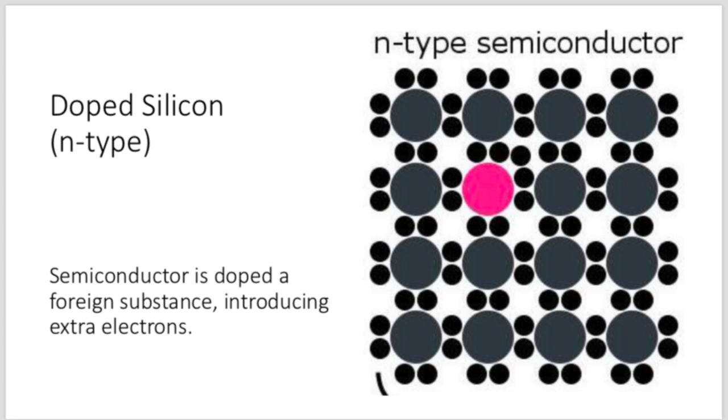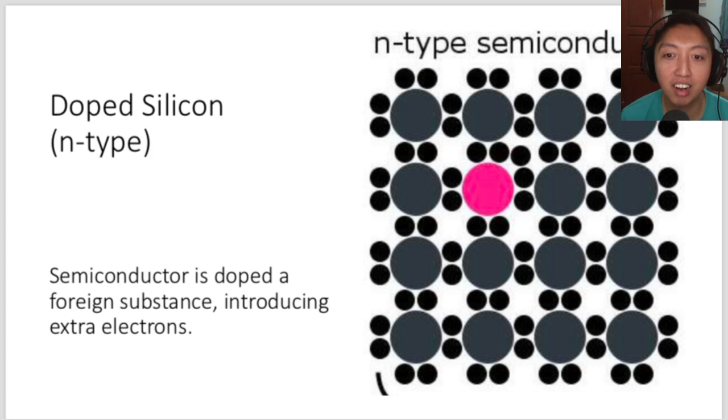Now, if you remember your chemistry, most things only need either 2 or 8 electrons to be stable. So now you have 9. You have an extra electron. This extra electron doesn't need to be there. There's no space for it. And so, since there's no space for it, it has the ability to become a free electron, because they're going to try and kick out this extra electron.